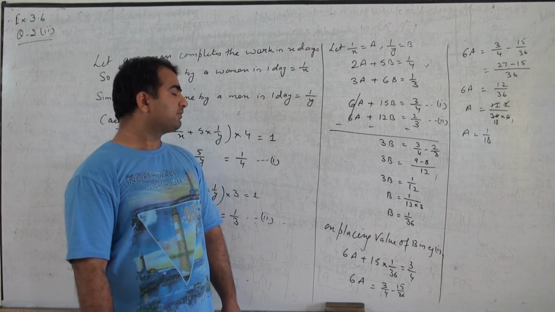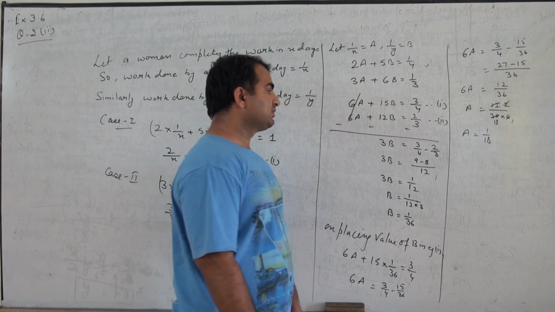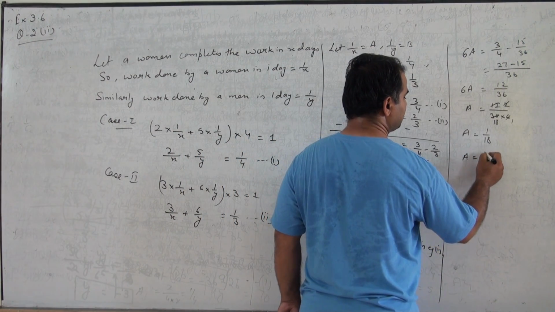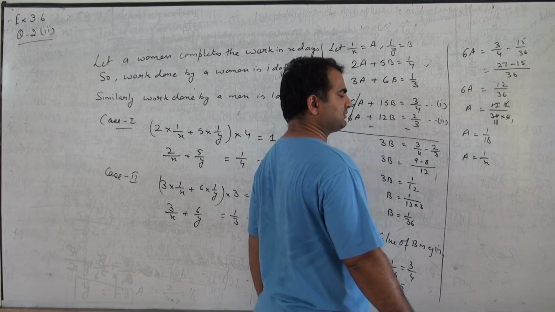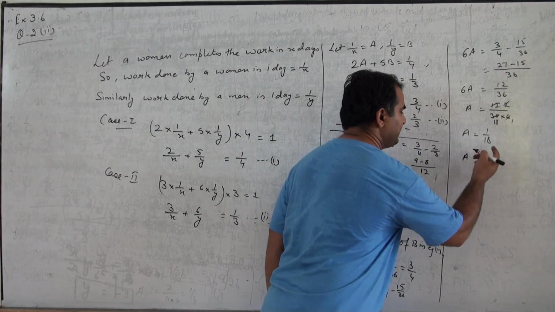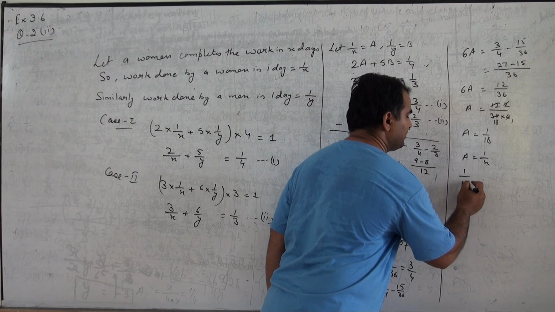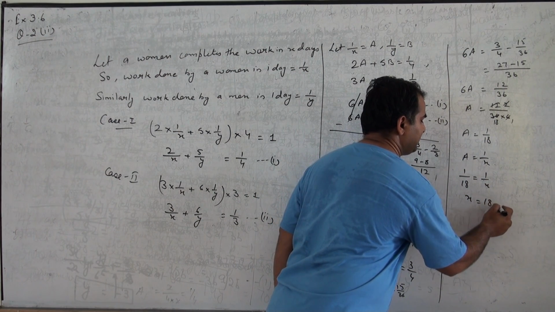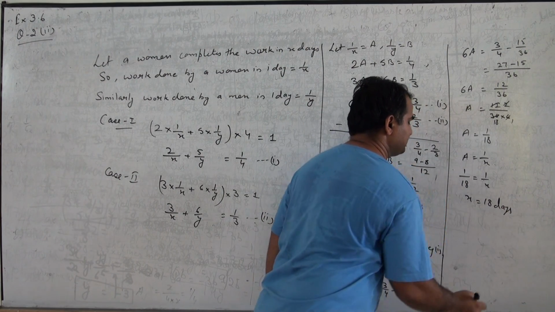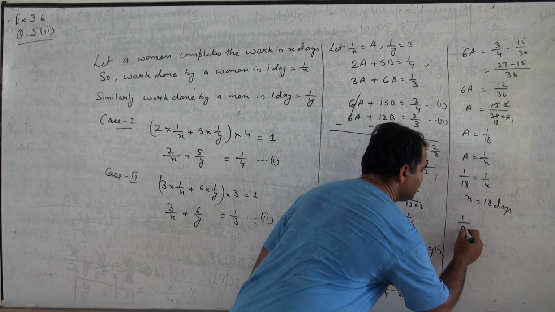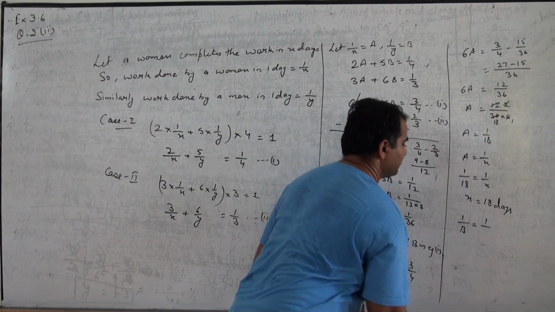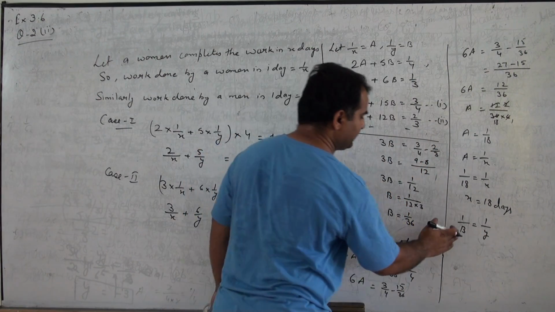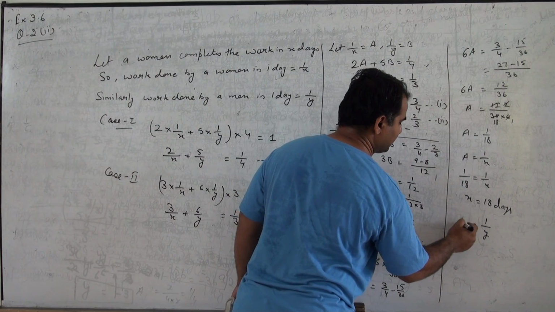Now we have to find the values of x and y. As we know that a equals 1 upon x, and a is 1 upon 18, so 1 upon 18 equals 1 upon x. Then x will be 18 days. Similarly, b equals 1 upon y.